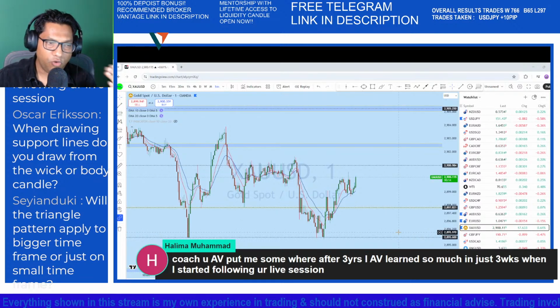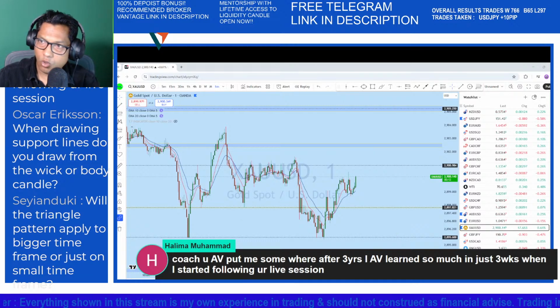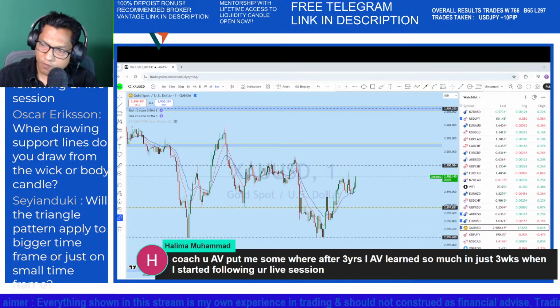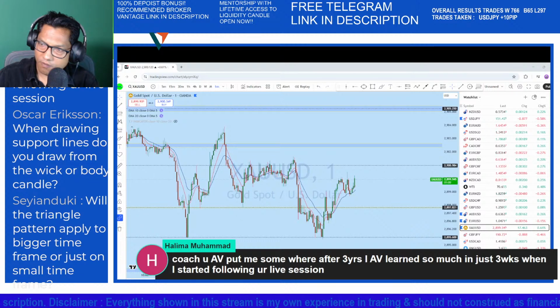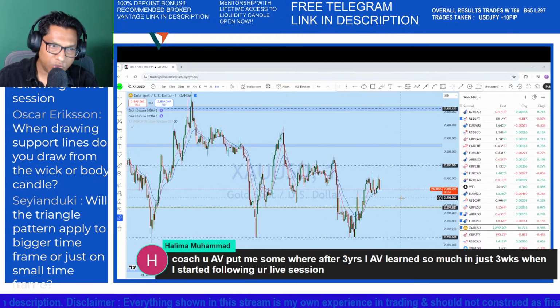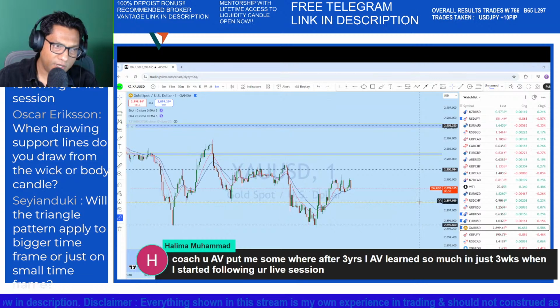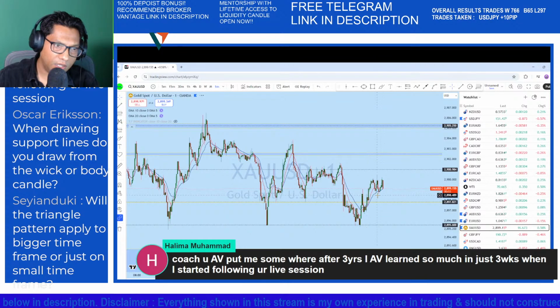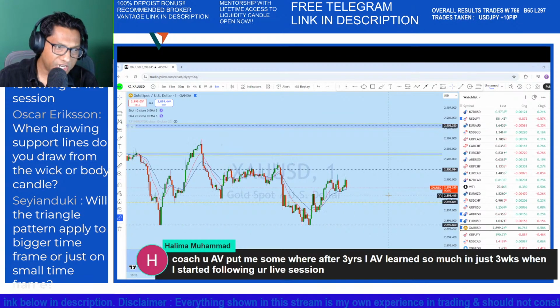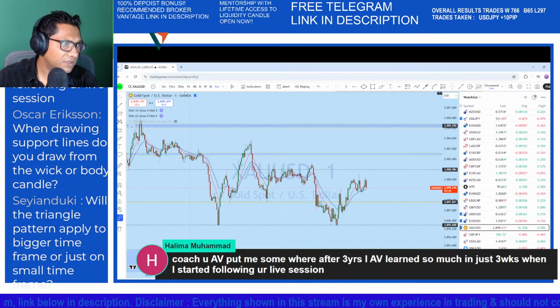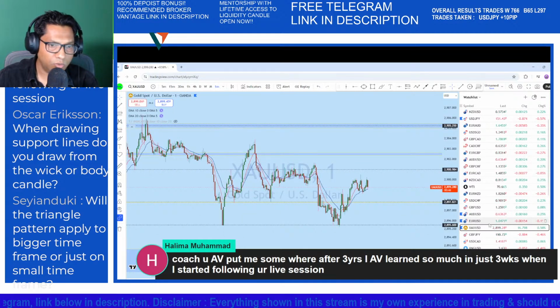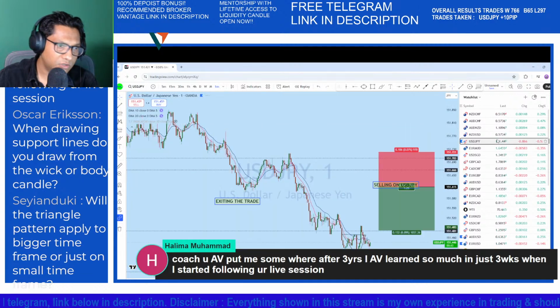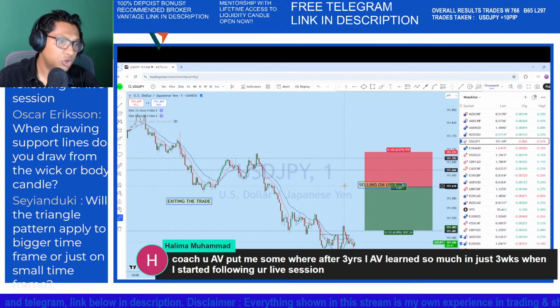So the most important part that we discuss is in terms of finding a zone where a high probability trade is. You can see that especially this kind of levels that we talk about, we talk in terms of the dollar yen trade, right?